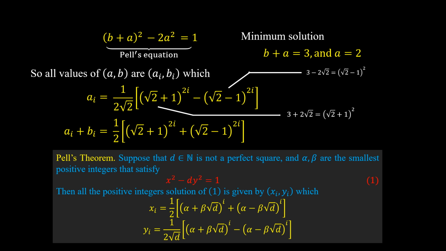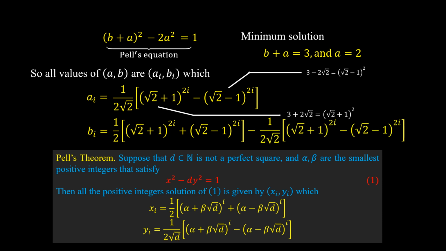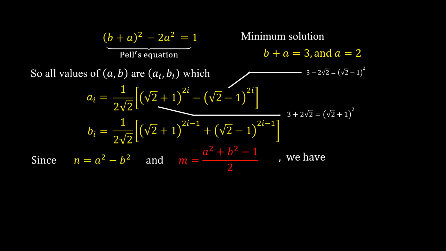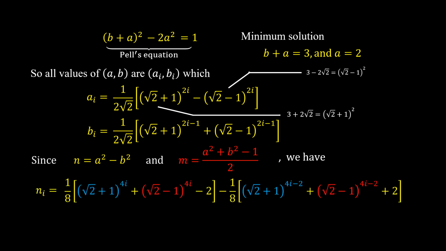Moving a_i to the right side, then substitute the value of a_i. Then we combine the same terms and then simplify each term inside the bracket. So we have this value. Since n is equal to a squared minus b squared and m is equal to a squared plus b squared minus 1 over 2, we have n_i equal to this value.